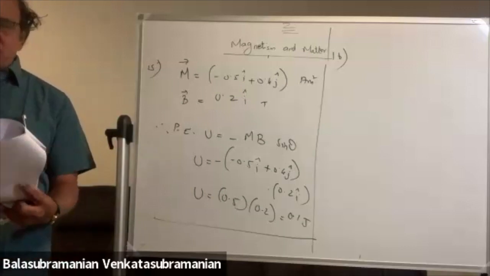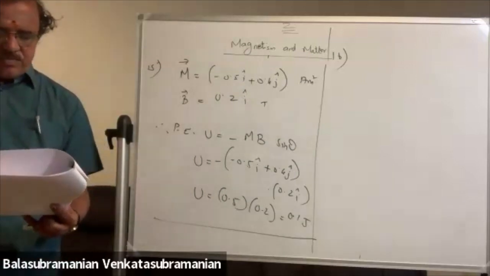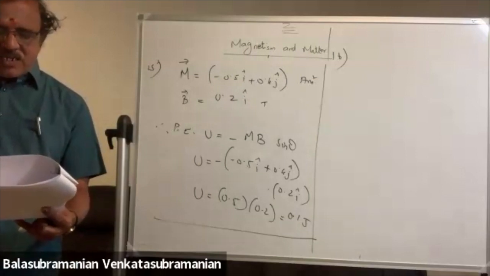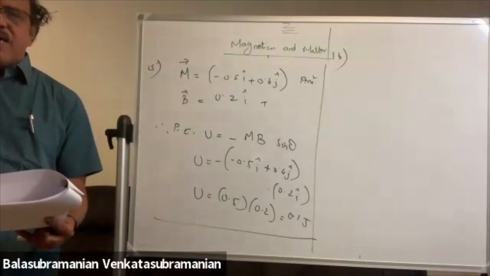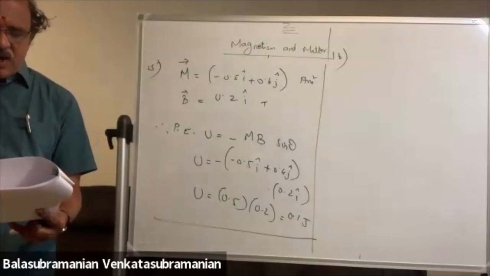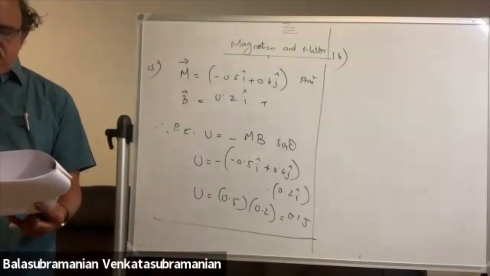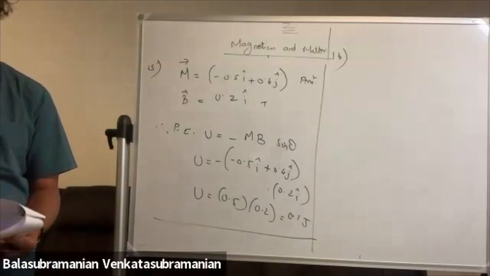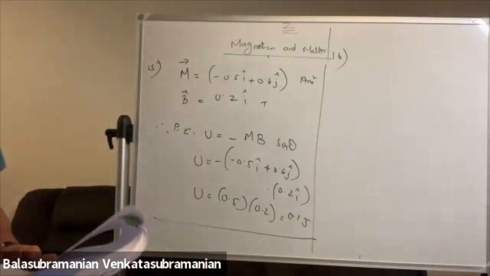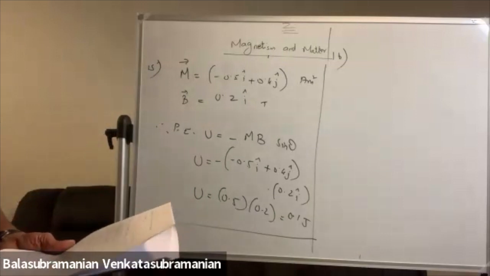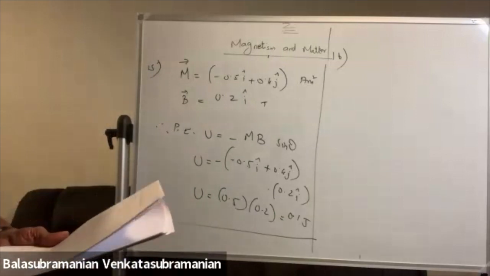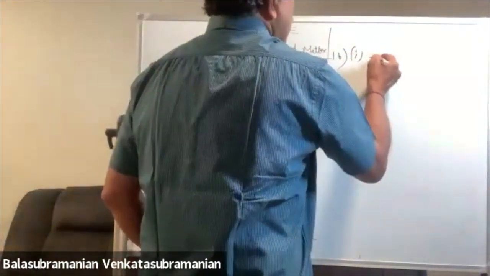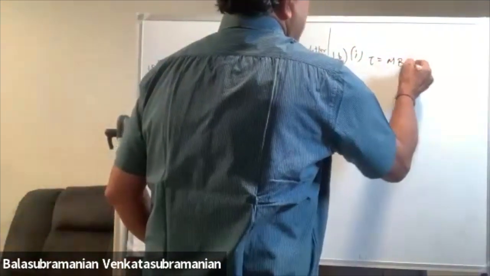If the current in the coil is 3 ampere, plane of the loop is perpendicular to the direction of the field. Calculate total torque on the coil, total force, average force on each electron. Total torque. Torque tau is equal to MB sin theta.